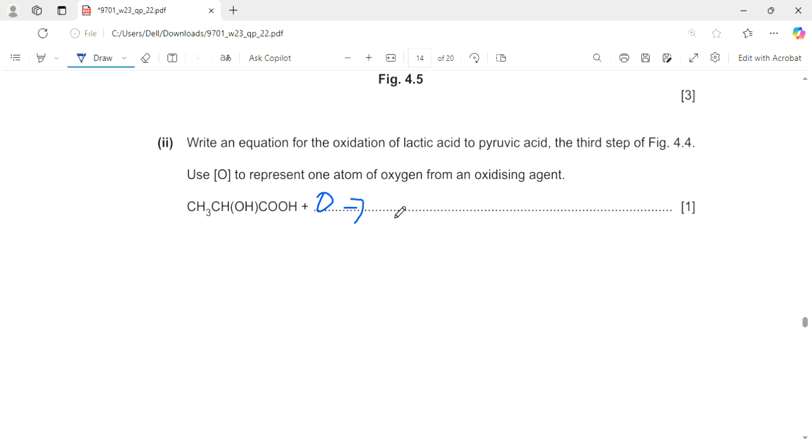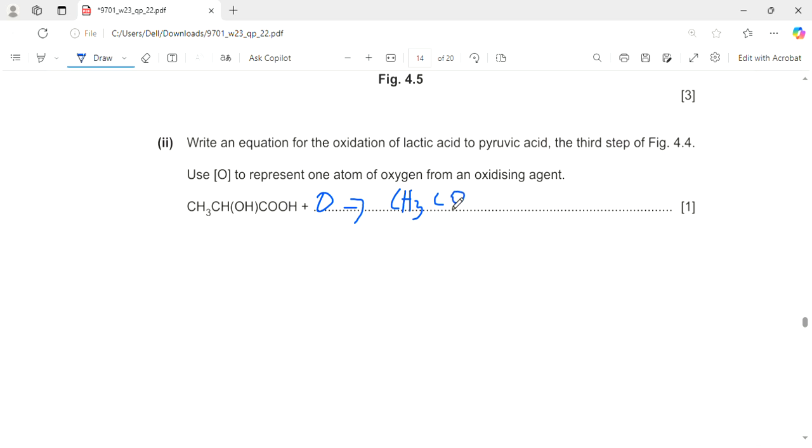So we will see that it forms just like this, CH3 CO, no, not ketone, but pyruvic acid.